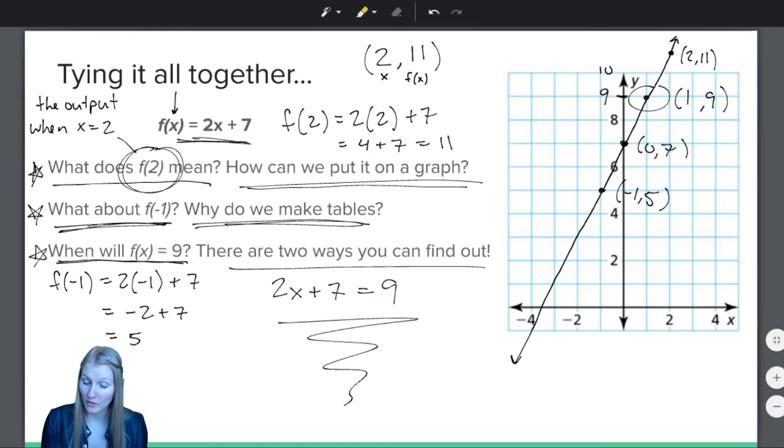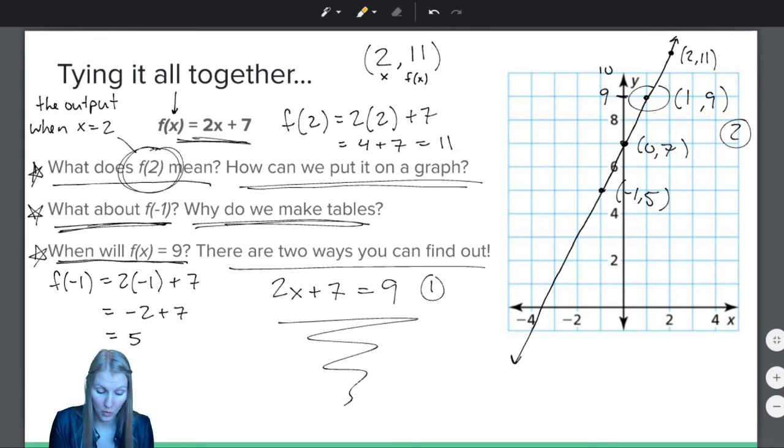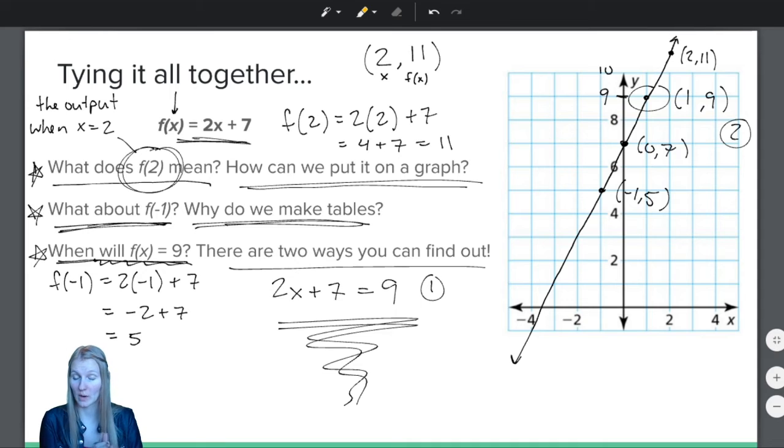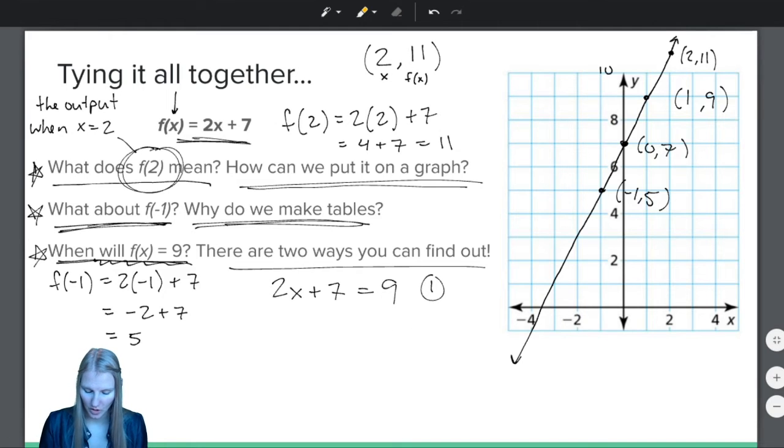There are two different ways you can figure out when f of x will equal 9. You can look at the equation and solve it, or you can look at the graph and find the x-coordinate when y, or f of x, is 9. Okay. So let's solve this and make sure that we get the same thing.